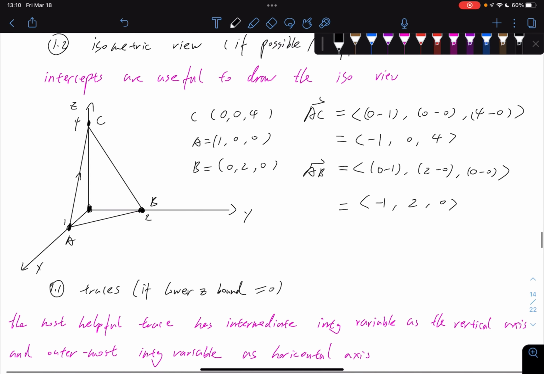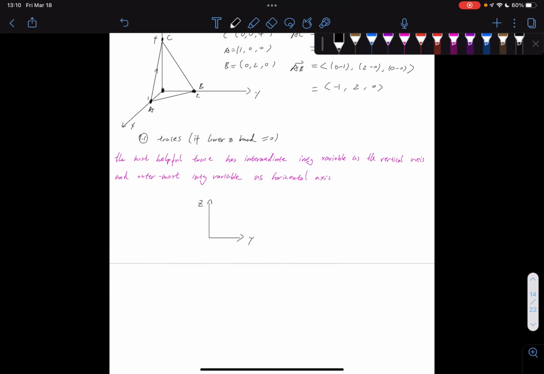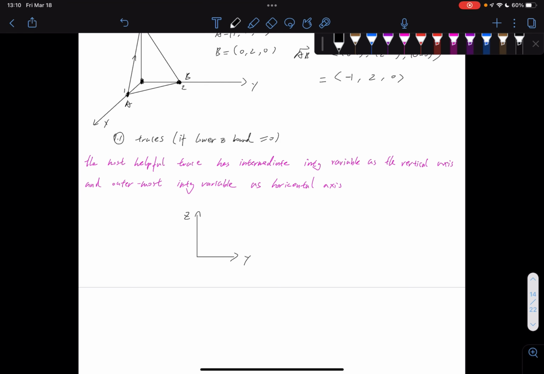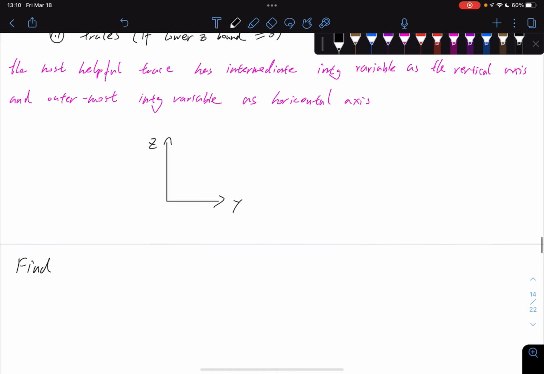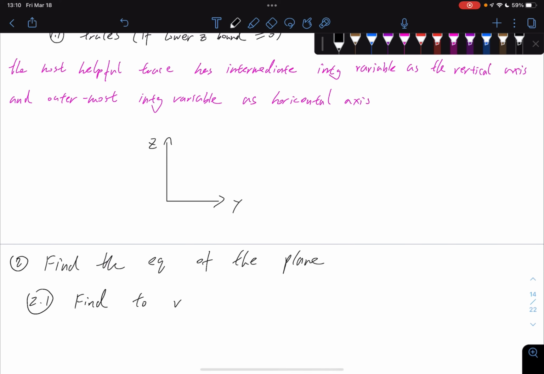All right, so we need to find the equation of the plane. That's step 2. So 2.1 is to find two vectors in the plane.